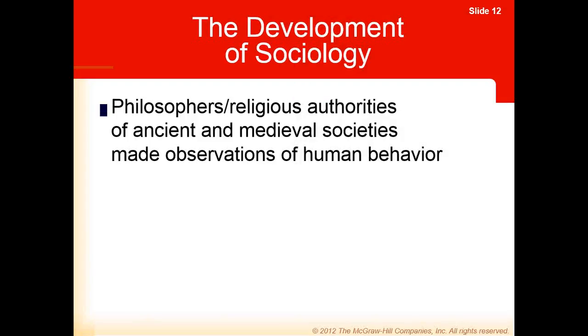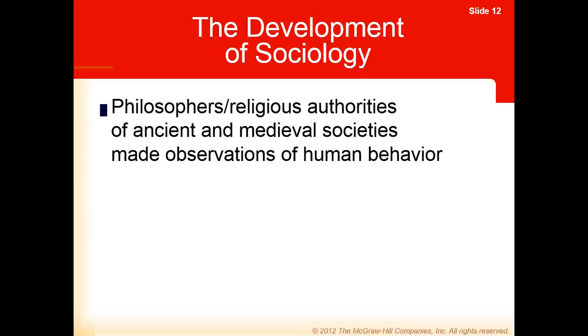So where did sociology begin? People have been observing and recording human behavior for thousands of years. Philosophers and religious authorities made observations of human behavior in ancient and medieval societies, as it says there.